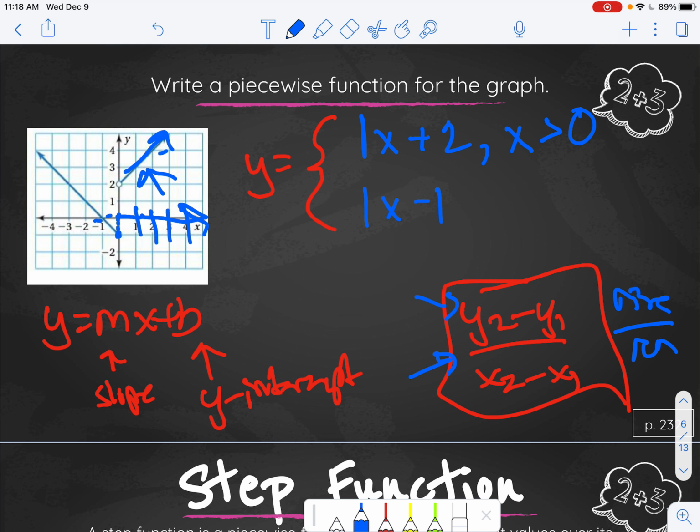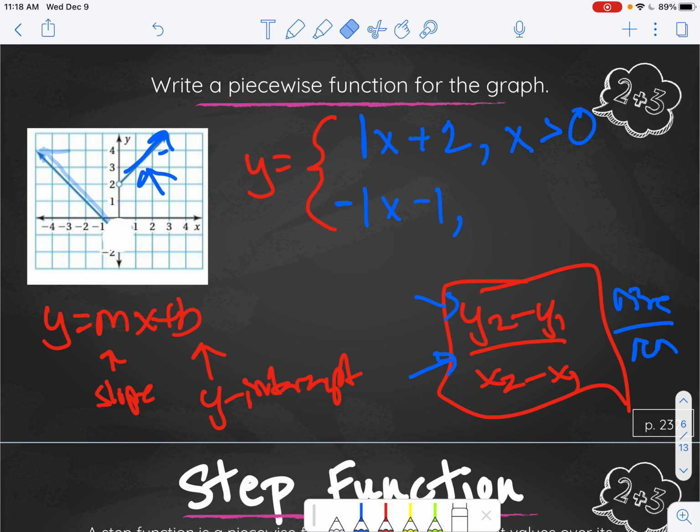Same thing here, we could use our slope formula if you wanted to, but we can also just count how many units we rise, how many we run, and we'll be all set. Now, one thing about this line, it is going in the negative direction, so we can't forget that we have a negative slope. So we need to remember that negative in front of the x.